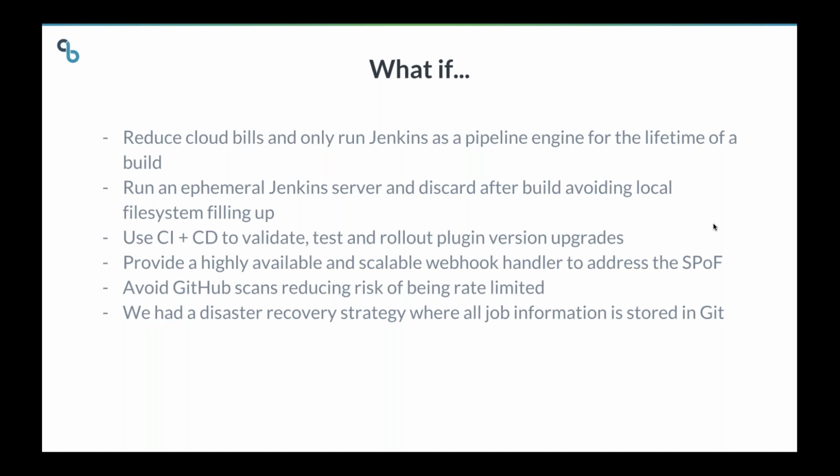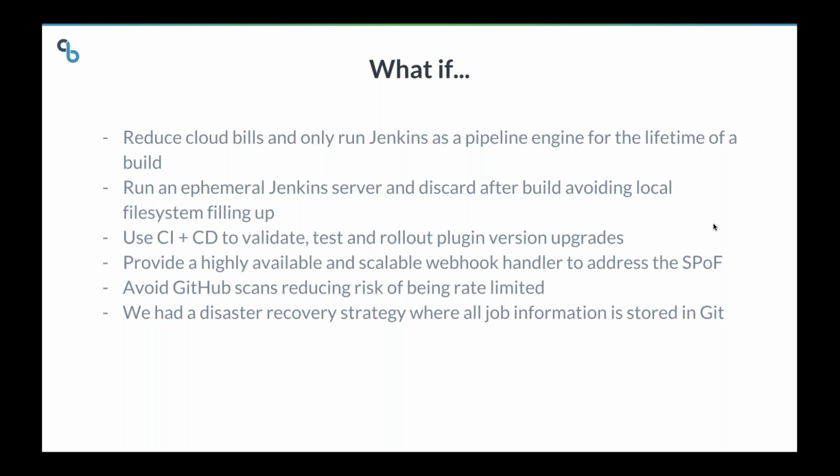What if we use CI and CD to validate, test, and roll out changes to Jenkins itself and Jenkins plugins, meaning that your production workloads are all completely isolated from any changes until you've tested those changes work and then promoted those changes into production?